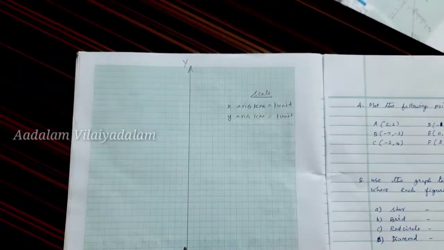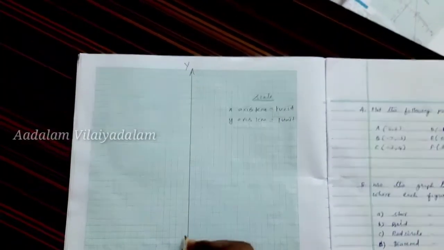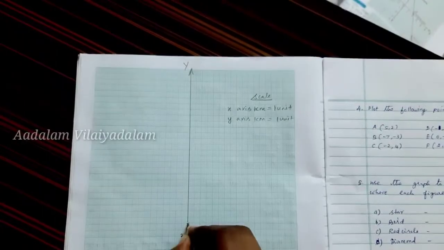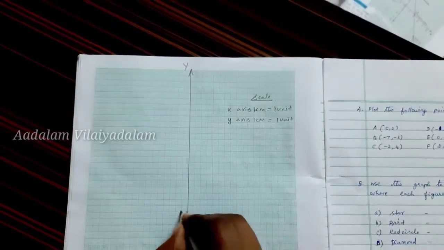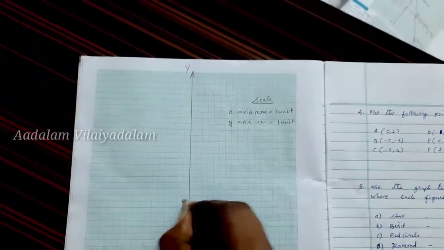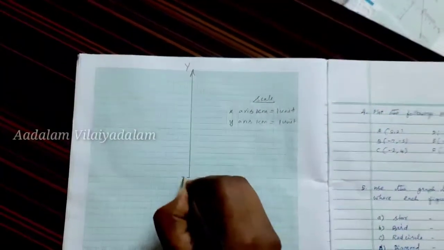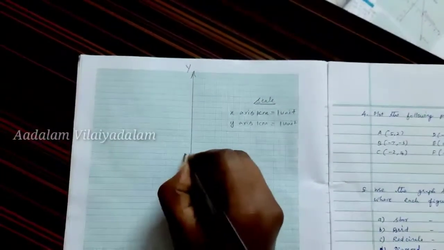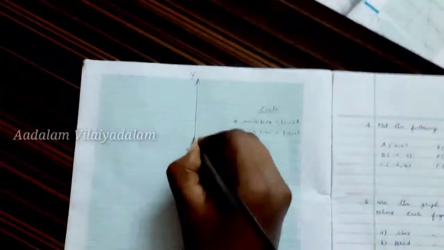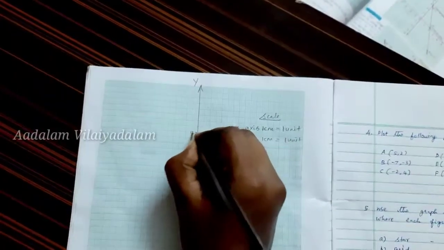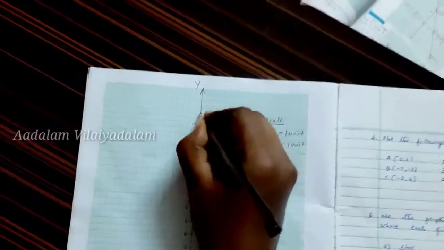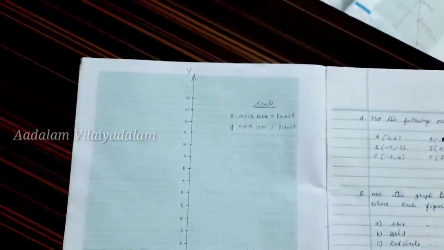So put 1, 2, 3, 4, 5, 6, 7, 8, 9, 10, 11, 12, 13 and 14.